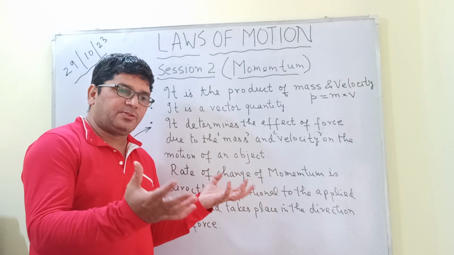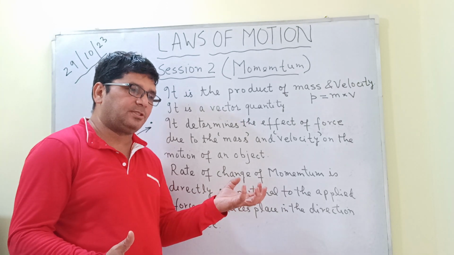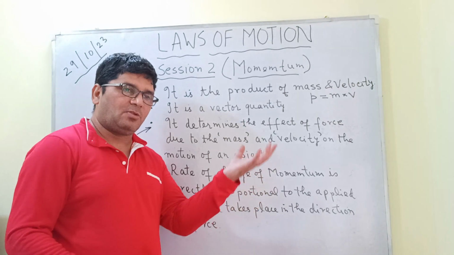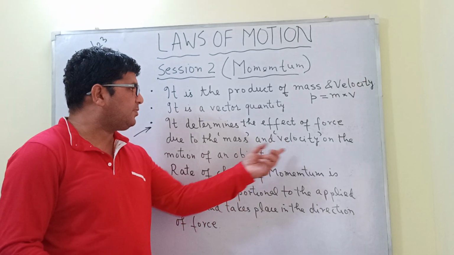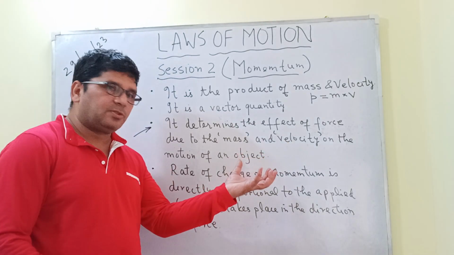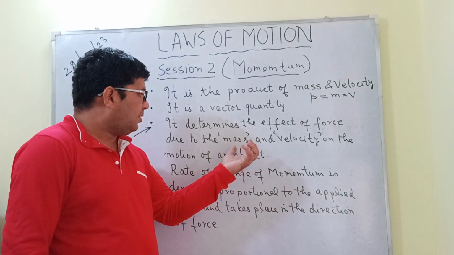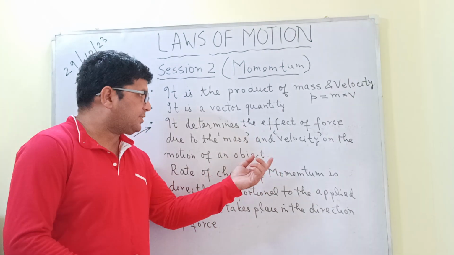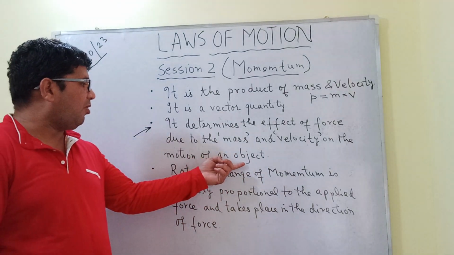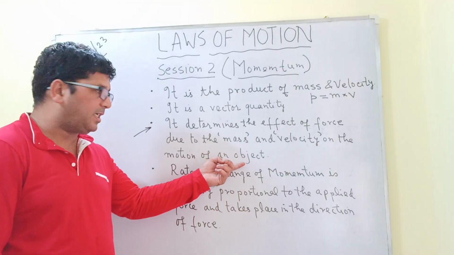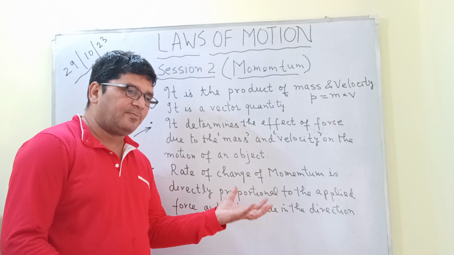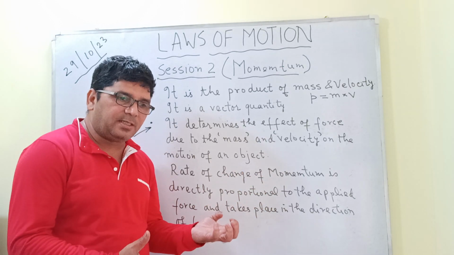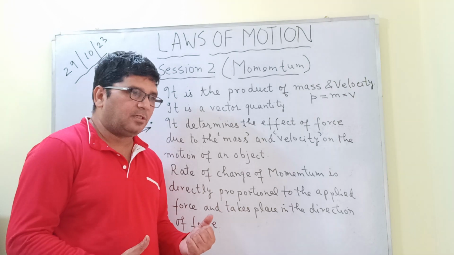So if I have 2 stones, one of mass half a kg and the other 1 kg, the effect of the force due to the stone of mass half a kg will be lesser on the motion of the object, and as a result, the person standing on the ground will find it easier to catch it.